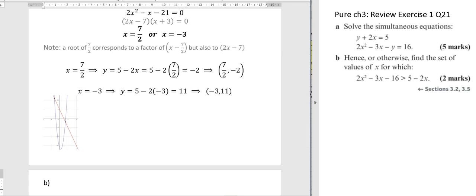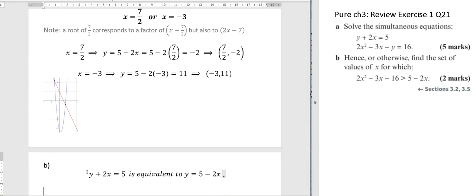So for this, how are our two solutions from the previous part going to help us? Well, if you think carefully about what we were dealing with, y add 2x equals 5 is the same thing as y equals 5 minus 2x.